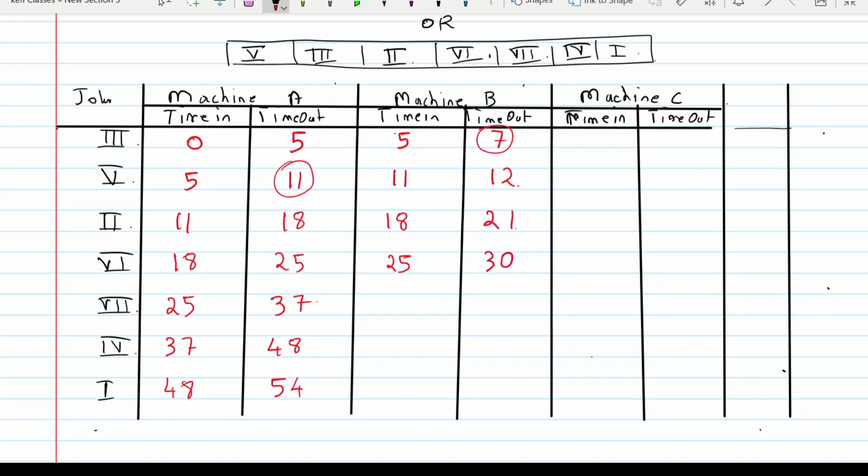So that is 30. 37 and 30, 37. And this is job 7. So job 7 is for 3 minutes. So that is 40. 48 and 40, 48. Job 4th, 48, and job 4th is 5. 48 plus 5, 53.